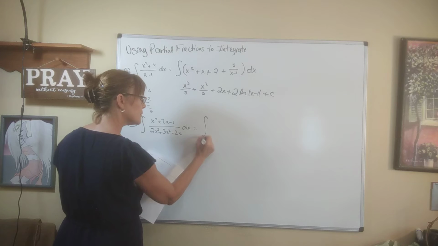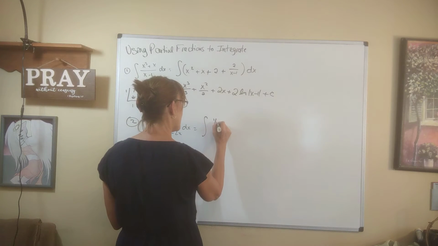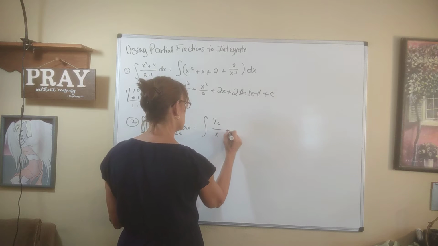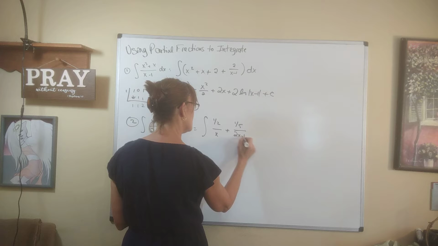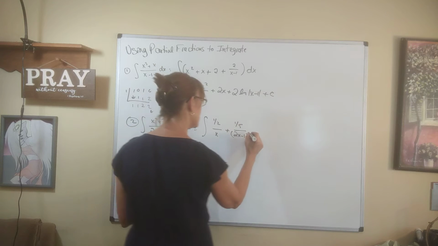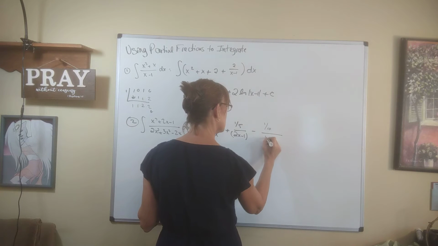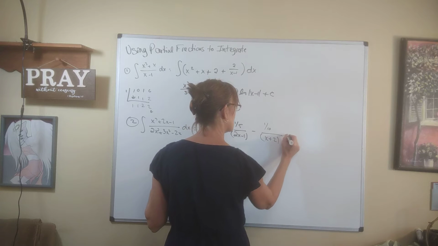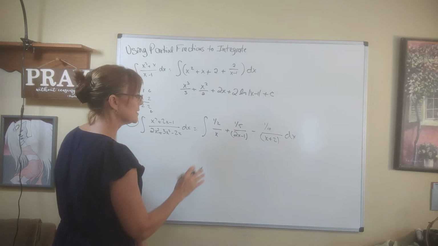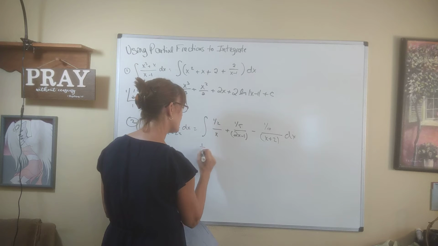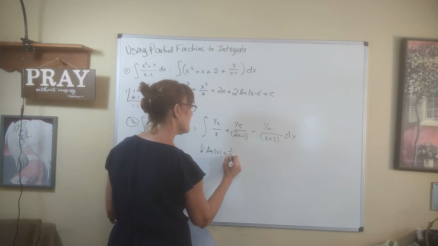And we discovered by rewriting it into partial fractions, it became 1/2 over x plus 1/5 over (2x minus 1) minus 1/10 over (x plus 2). And so this simply integrates into 1/2 the natural log of x plus 1/5.